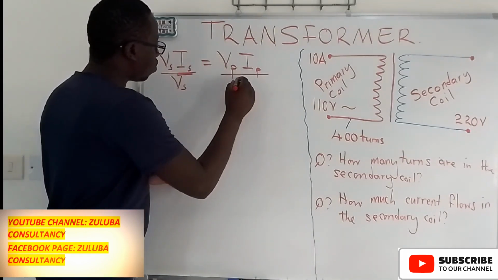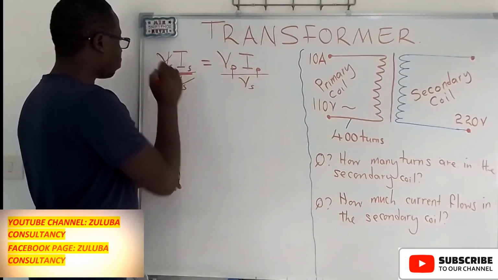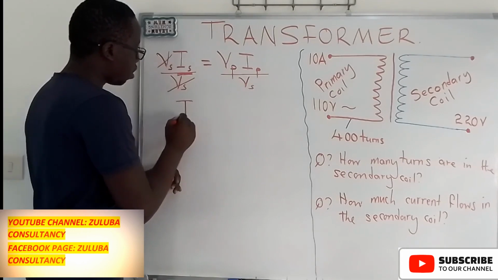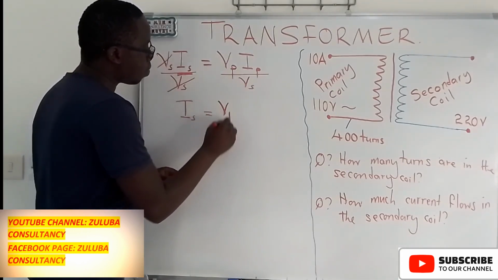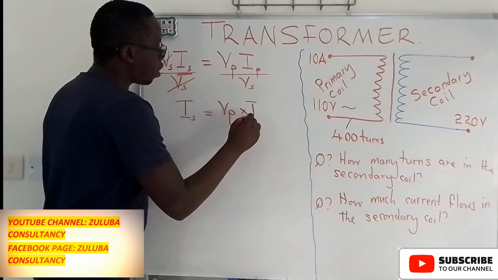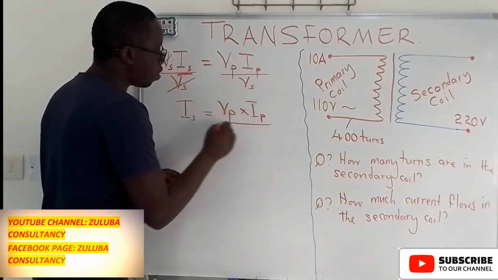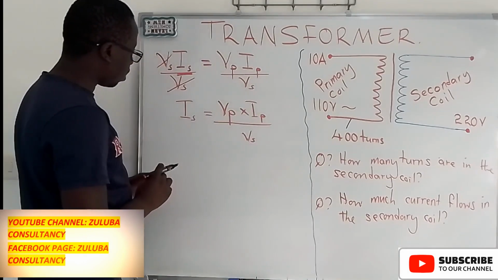We divide both sides by Vs, we simplify this, then you have the current in the secondary, Is, is equal to the voltage in the primary multiplied by the current in the primary divided by the voltage in the secondary.